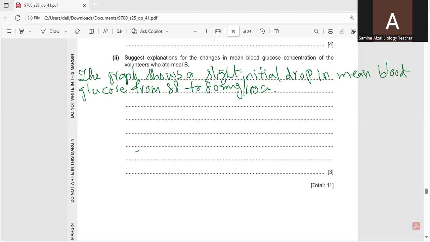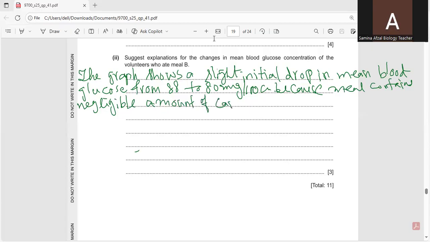So it means, because meal B contains a negligible amount of carbohydrates.